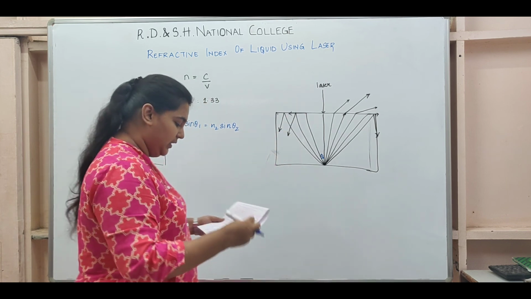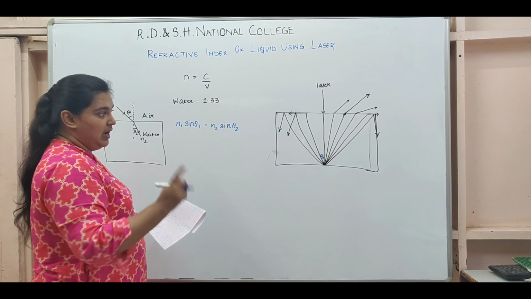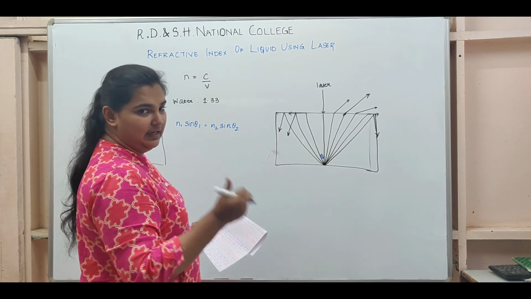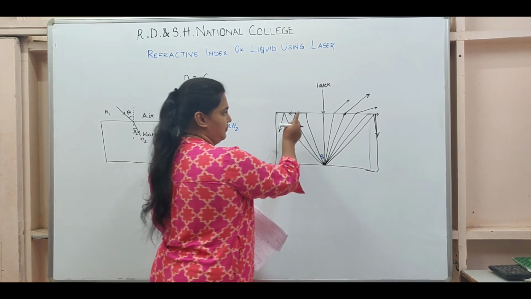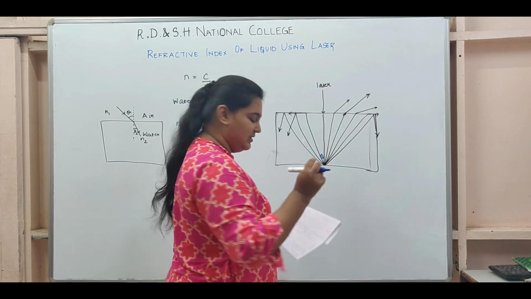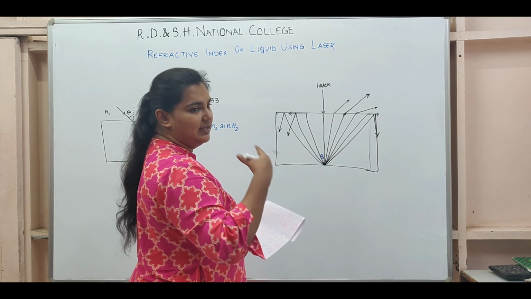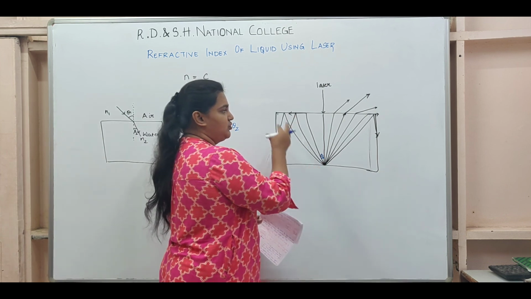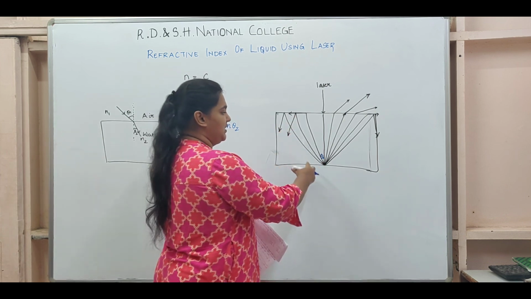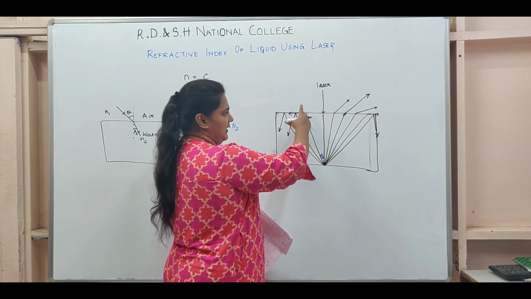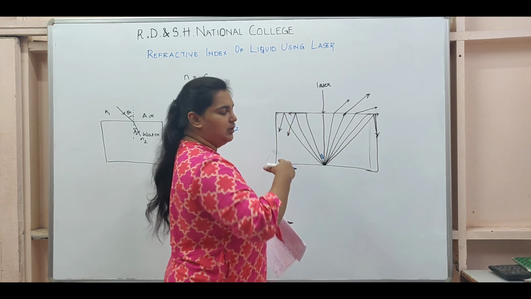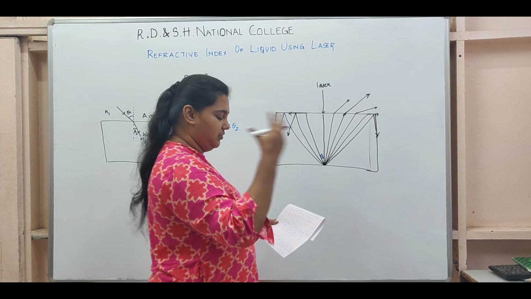I hope you are clear with what the critical angle is. I repeat, when the angle of refraction is 90 degrees, that angle is the critical angle. For angles greater than the critical angle, there is total internal reflection. That means the incident light is reflected back into the medium itself, and none of it is refracted into the air.